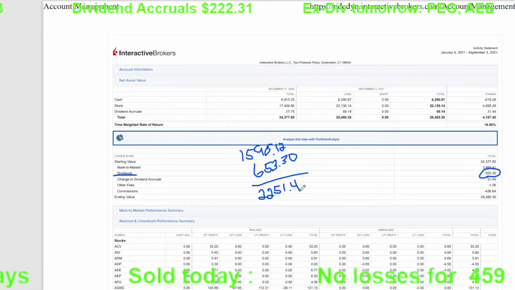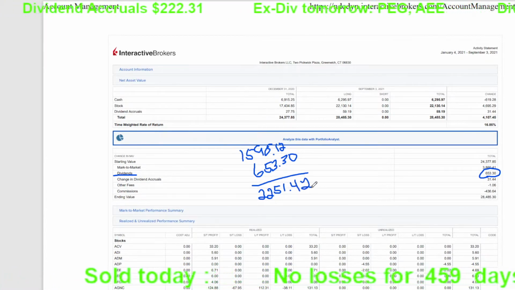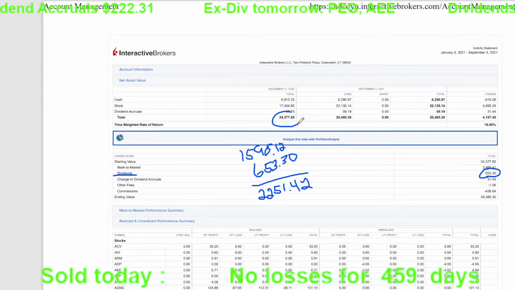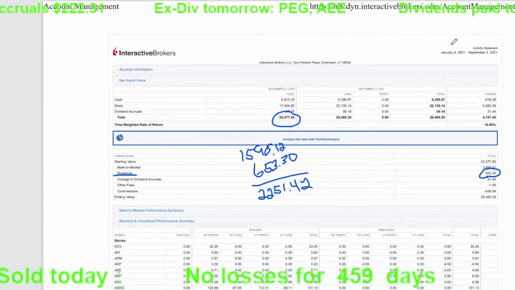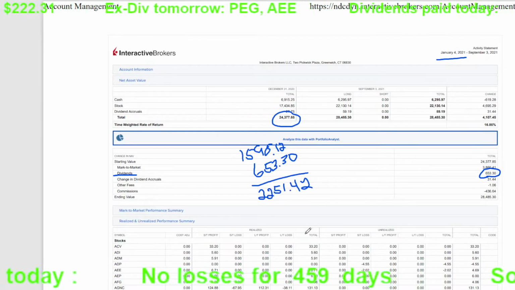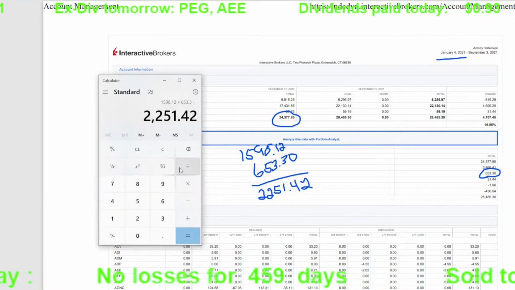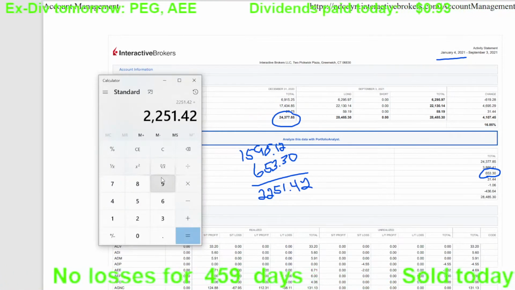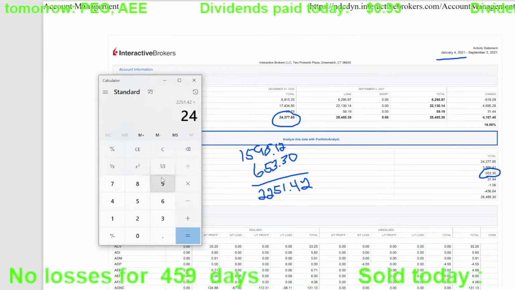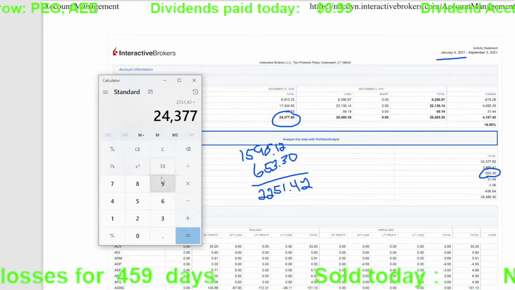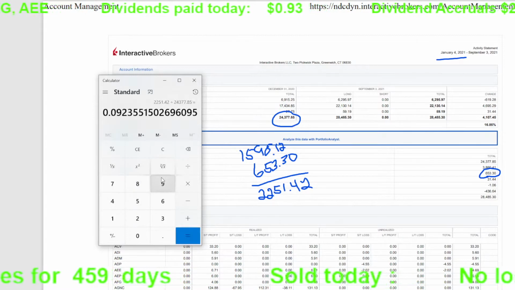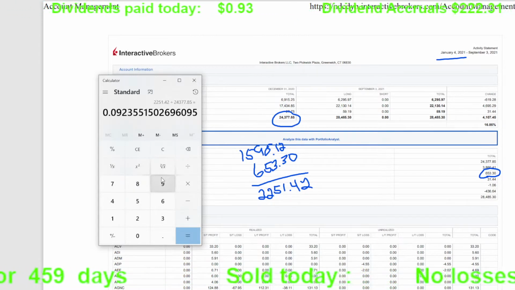Okay. So now what do we do? We take the starting value, 24,377.85, that's at the start of the year, January 4th, right? We take that and we divide that by our starting value. Okay, that's 0.092.